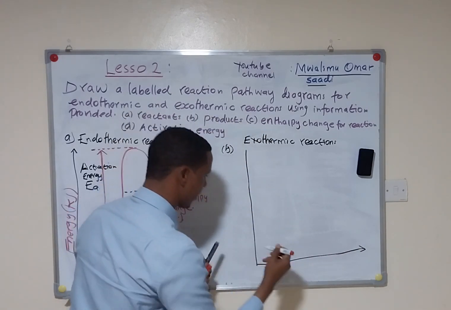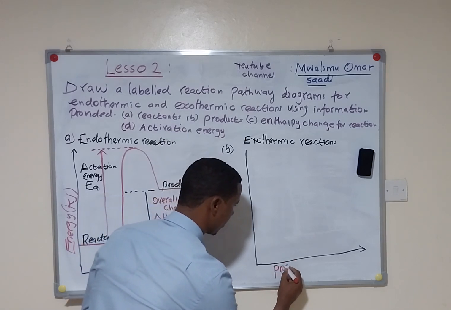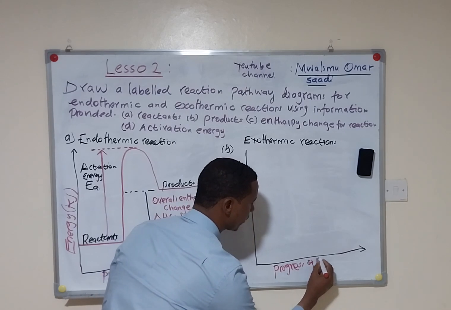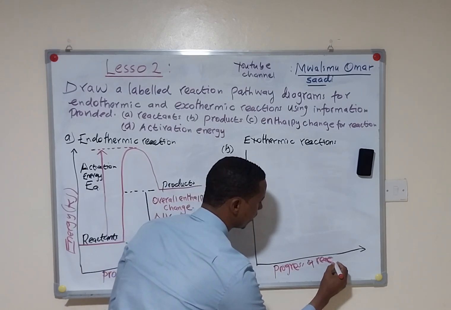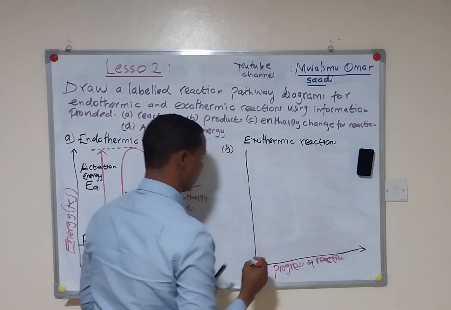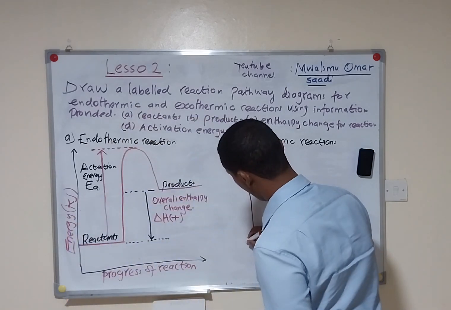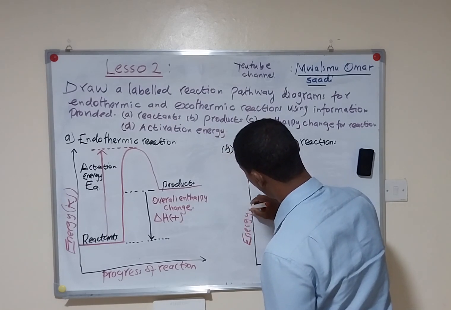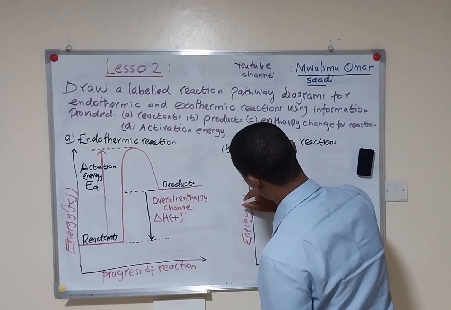On this side, we have progress of reaction, and on this side, we have energy in kilojoules.